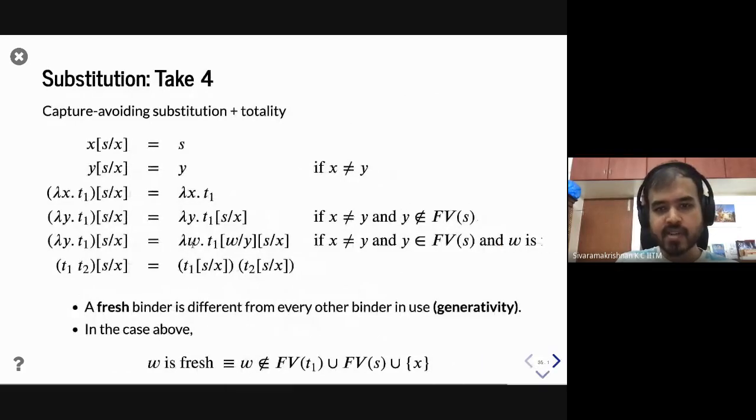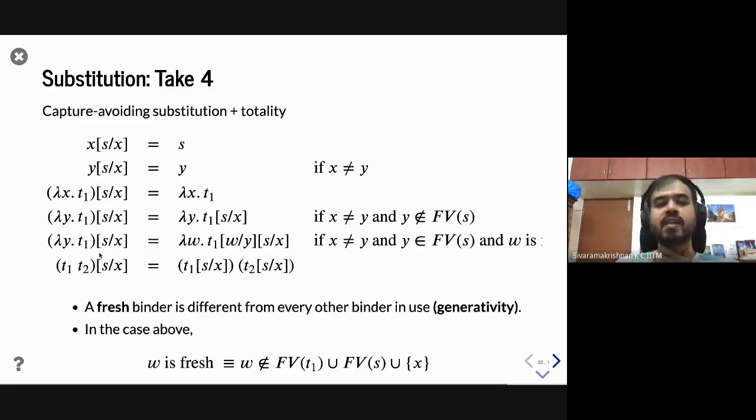What does the last rule say? It captures the final case, right? If x is not equal to y, the variable that you're substituting is not the same as the binder, and y happens to be a free variable in s.